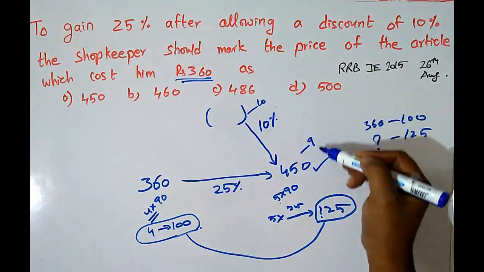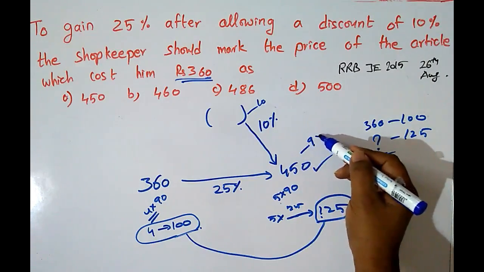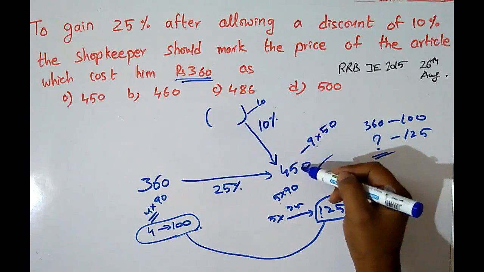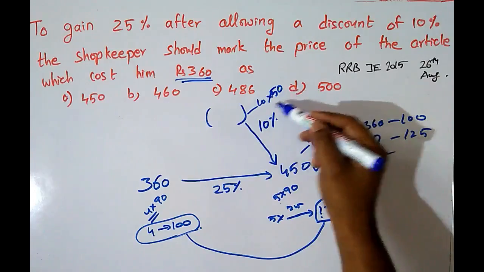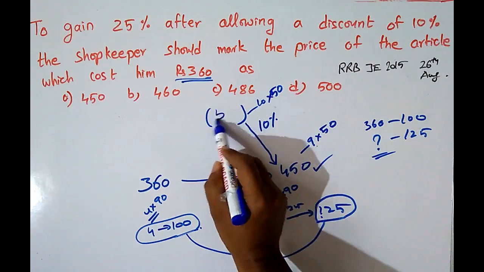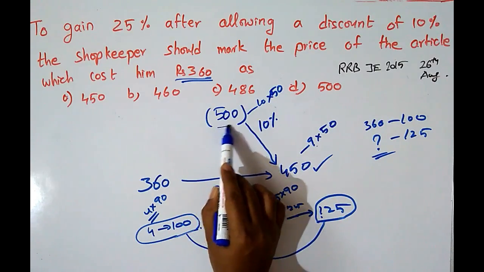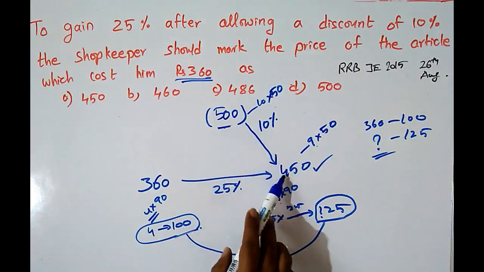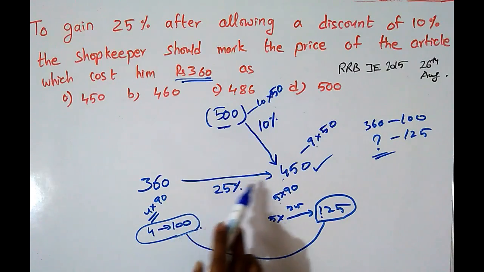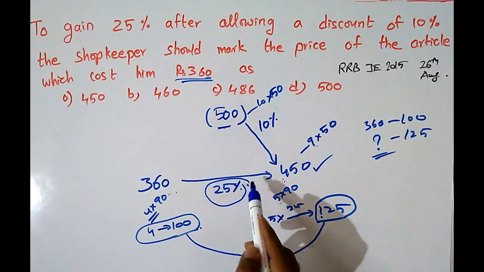Am I right, friends? So I will use the same method here: 10 into 50, that is 500. So if the market price is 500, then after giving a 10% discount it will become 450. If you pay 450, then the shopkeeper will get 25% profit.